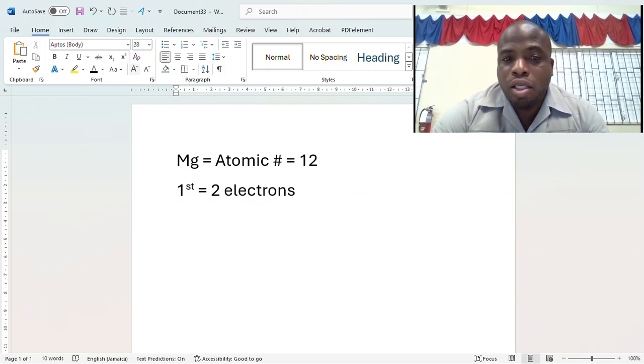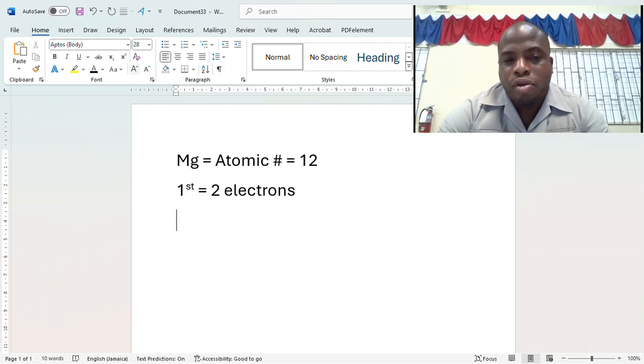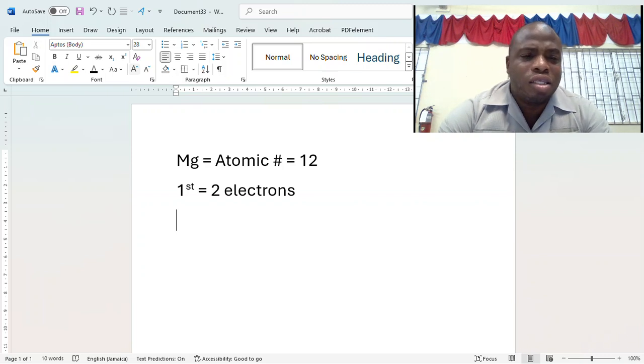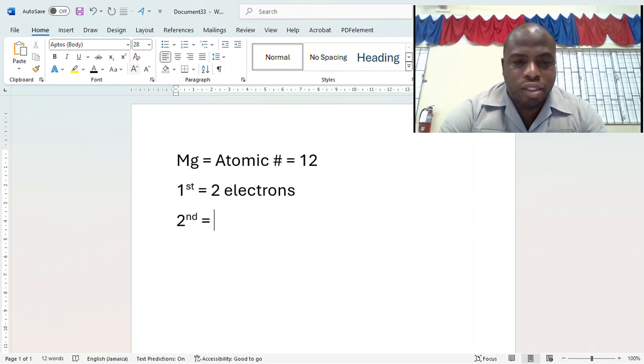And then for all the other shells after that, and mark you, you might have to relearn it, but for ease, and I will agree with some of the teachers, we just say all the other shells can hold 8 electrons, right? So usually you go up to about 4 shells.